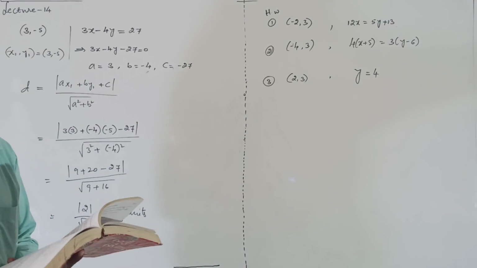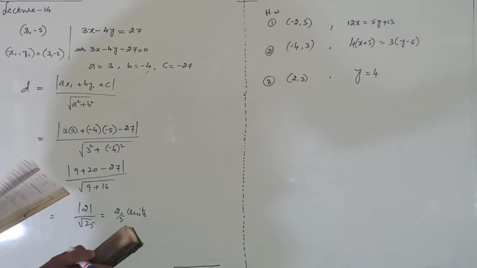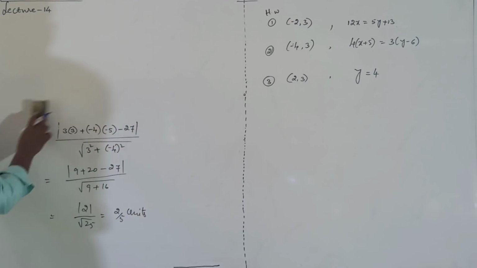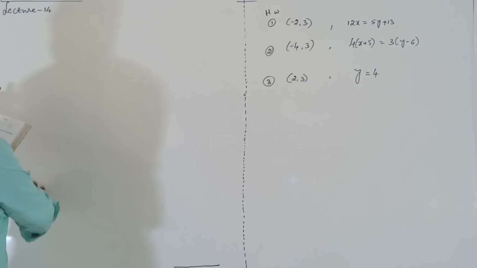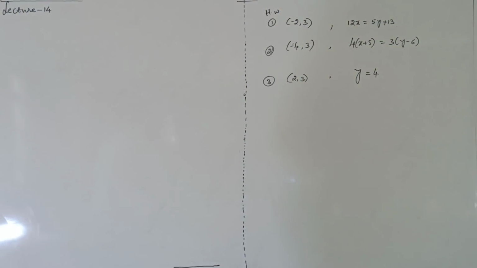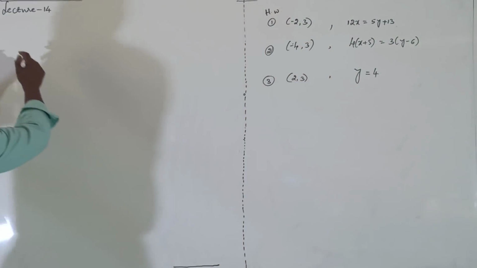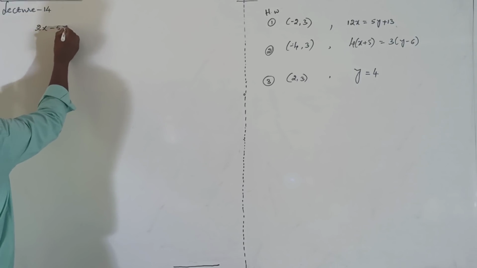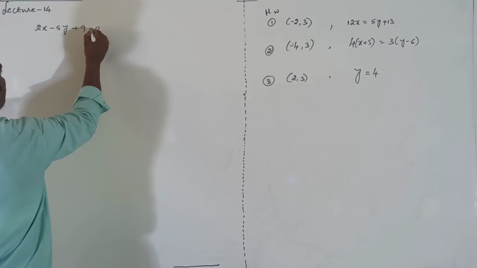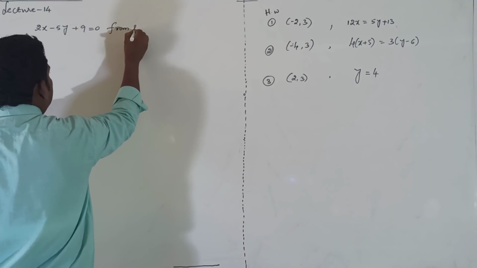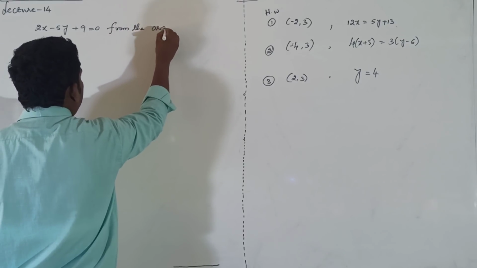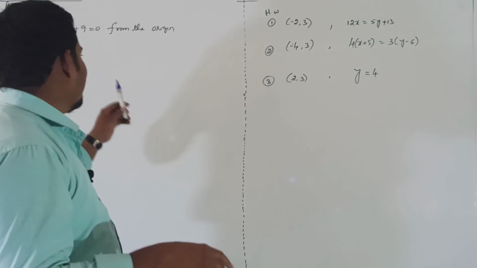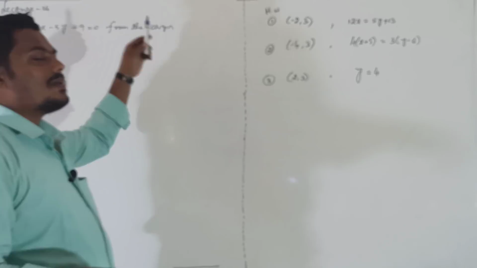Next problem, find the distance of the line 2x - 5y + 9 = 0 from the origin.